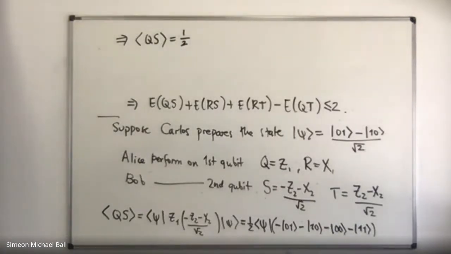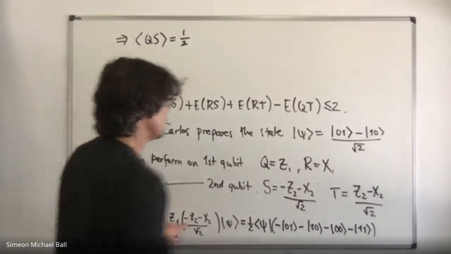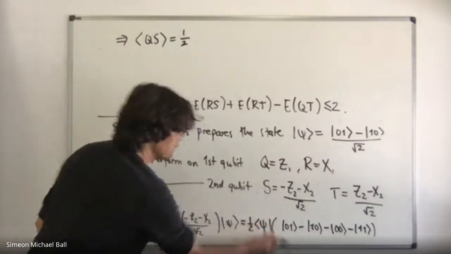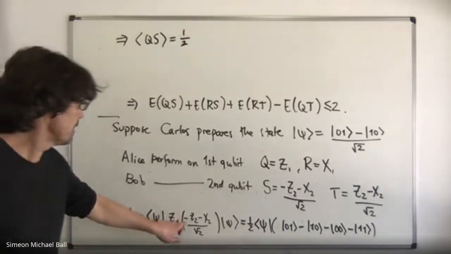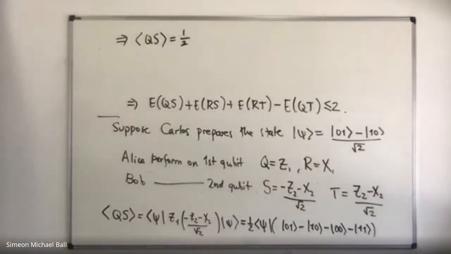Hold on. The first one is a positive apparently. So I've got a minus here. There's a positive here, but then I get flipped by the Z2 and that becomes a positive. Okay, so this is this minus, but then I get a minus from the Z2 on the second qubit here. So I get 1 plus 1.